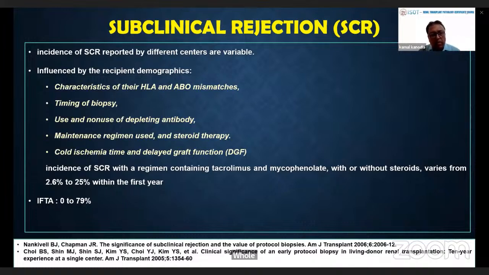The incidence of ACR was reported by Nankivell et al. They found that it is 2.6 to 25% within the first year, with patients on tacrolimus-based immunosuppression. Koi et al. reported the incidence of IFTA, that is interstitial fibrosis and tubular atrophy, which also has a wide range, 0 to 79% reported in different studies.